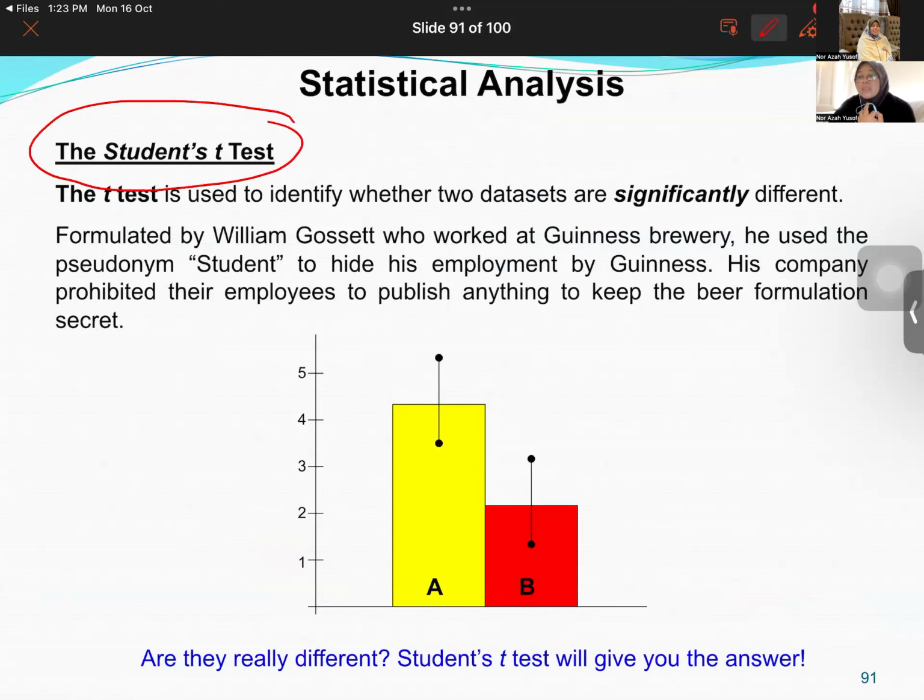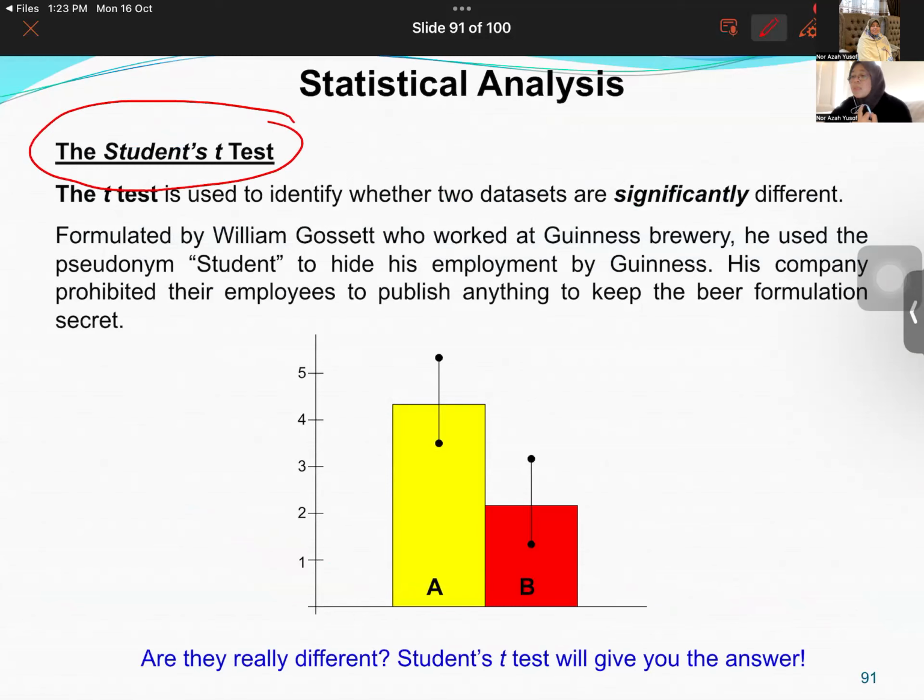The t-test is now about accuracy. Just now the F-test was on the precision of the data, how significant the distribution of the data is different between the standard method and the newly developed method. The next one is the t-test. This is the introduction.